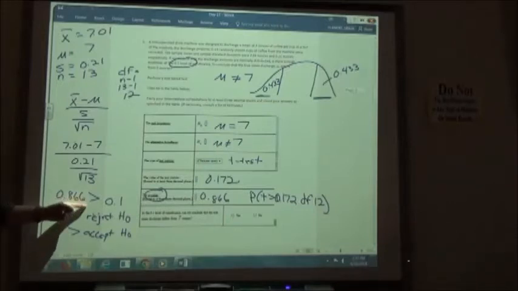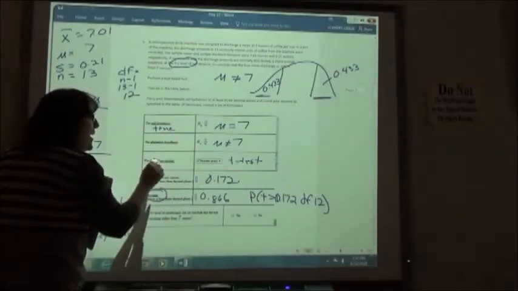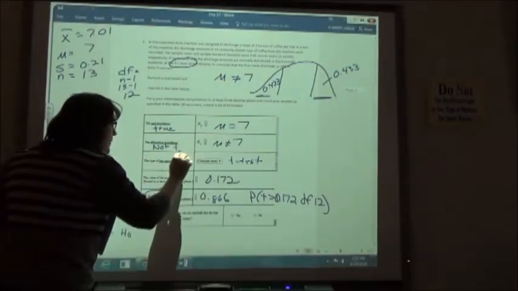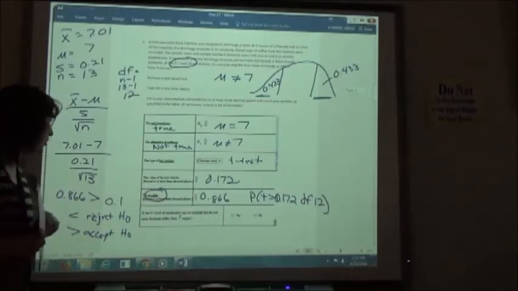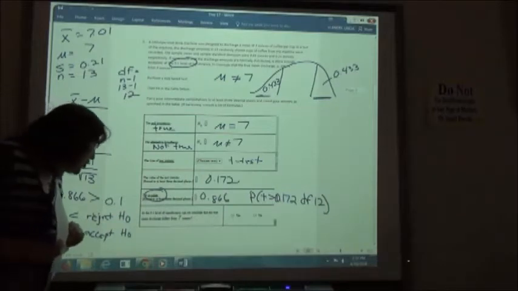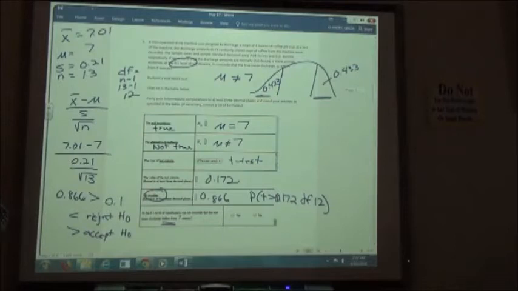So we got that it was greater. That means we're going to accept the null statement. The null statement is going to be true. That means the other statement is our not true one, right? So the question says at the 0.1 level of significance, can we conclude that the true mean discharge differs from 7 ounces?